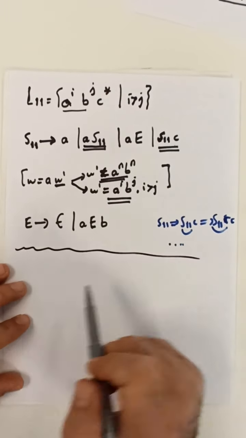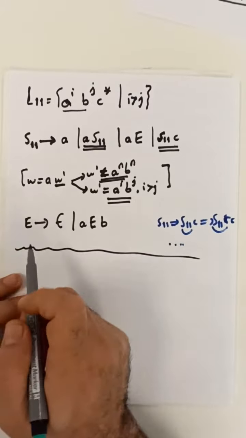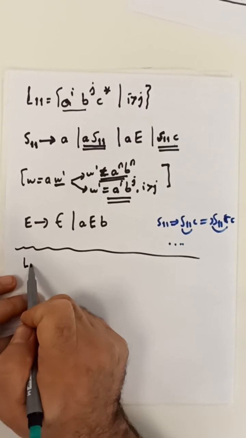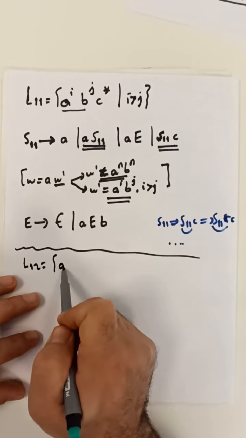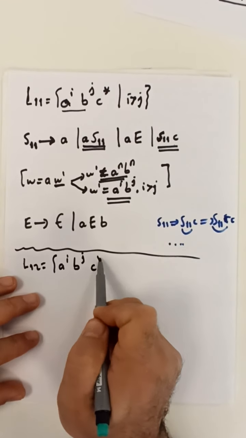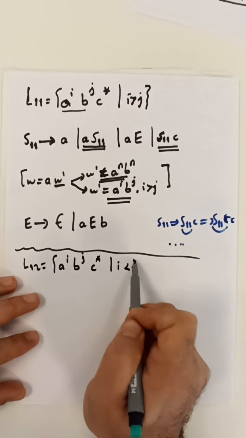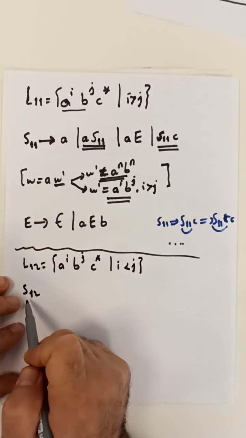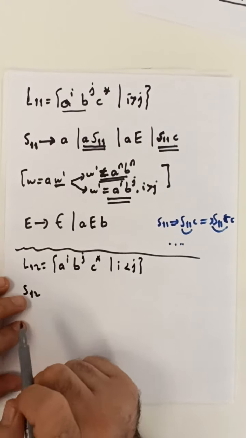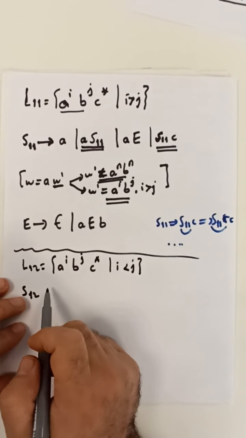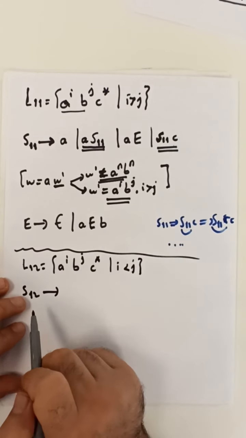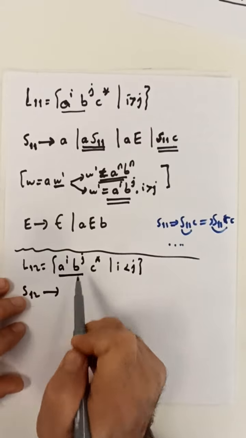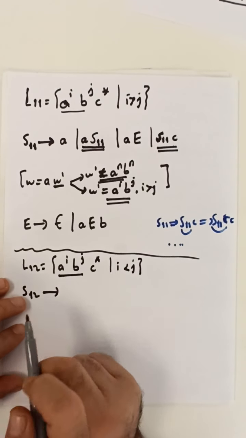Now similarly we can create a grammar for L12, which was A to the I, B to the J, C star, such that I is less than J. To be able to do this, let's write down the starting variable corresponding to the grammar of this language L12. Let's first again concentrate on the A to the I, B to the J part.